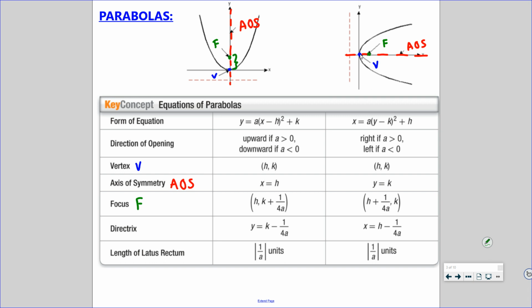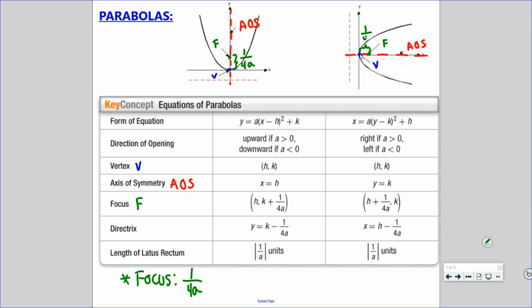Good job, Riley. 1/4a. That's our special thing we need to know for this one. For the focus, we add 1/4a to the vertex to get the focus.